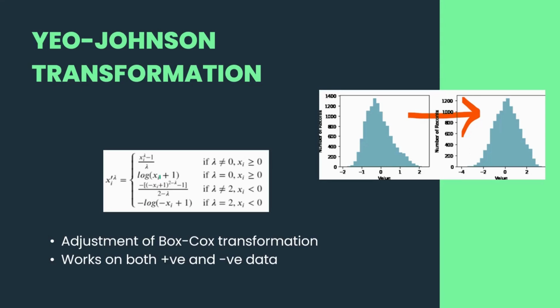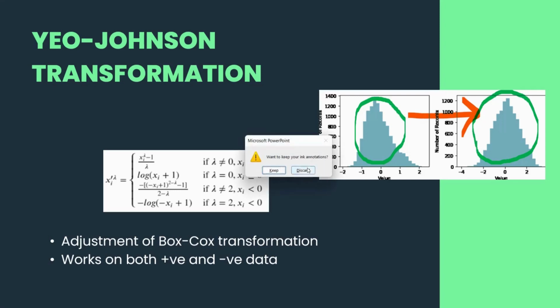This is the formula for it, and look at this: this is slightly right-skewed data, and after applying Yeo-Johnson your distribution looks like this, which is almost normal. So this is all about Yeo-Johnson and Box-Cox. Now we will move towards our coding part.